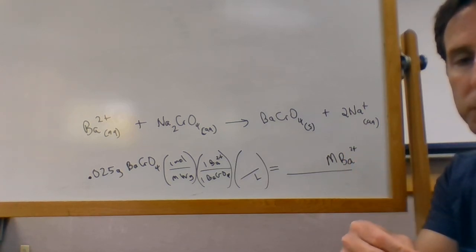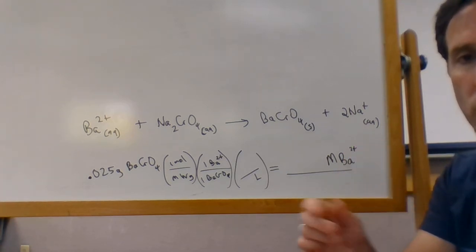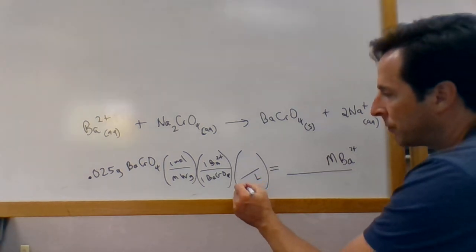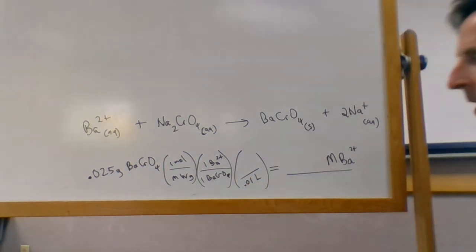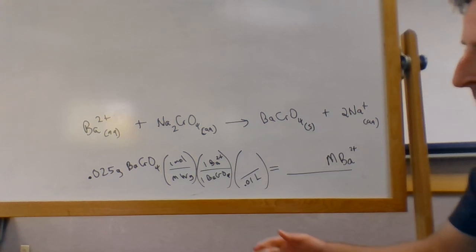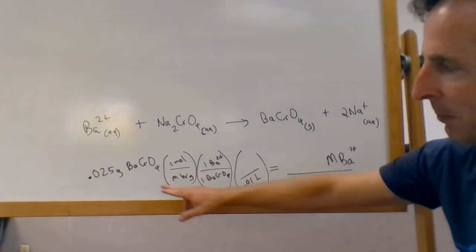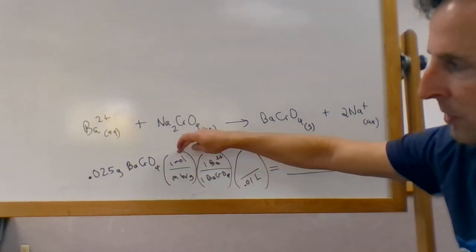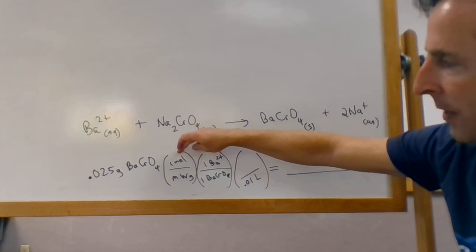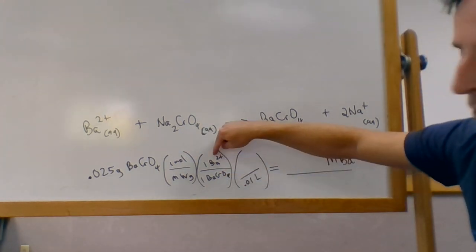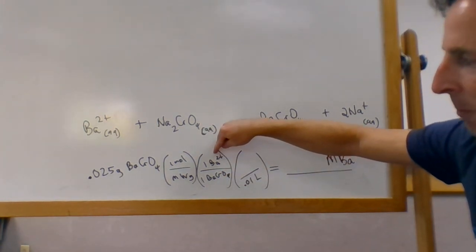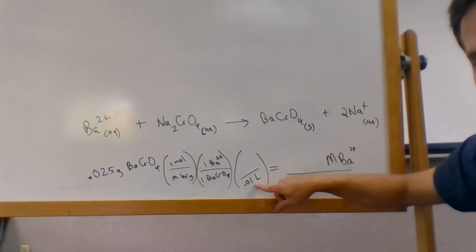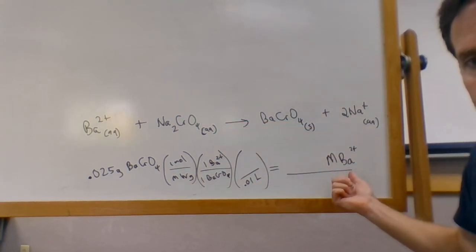So my volume, if I divide by 1,000, is going to be 0.01 liters. So if I follow my units, first step, divide by grams, the grams cancel, gives me the moles of barium chromate. Then I use the 1-to-1 ratio to get the moles of barium. And then I have the moles. If I divide by the volume, that gives me the molarity.